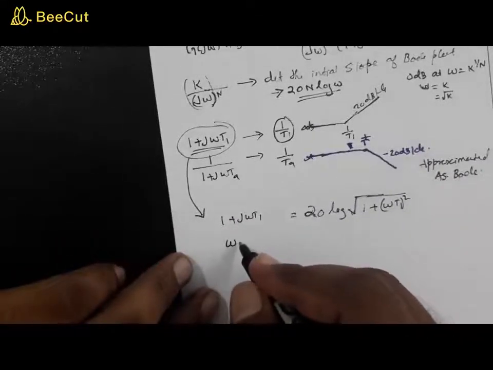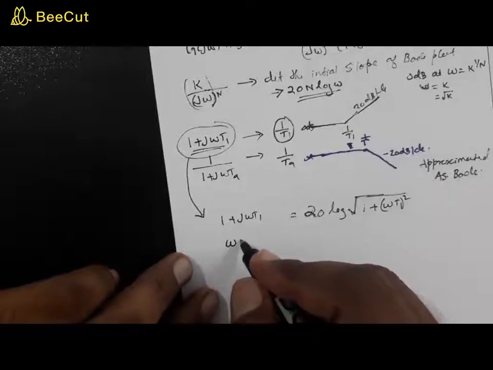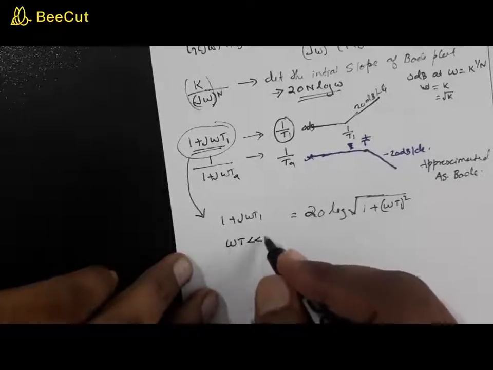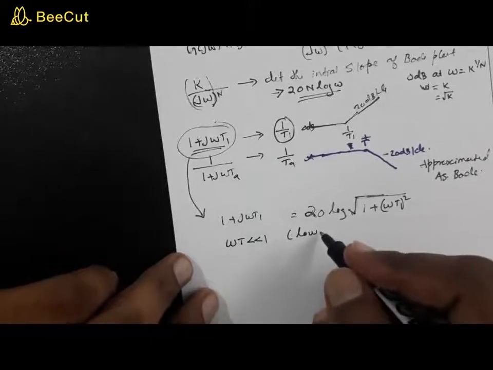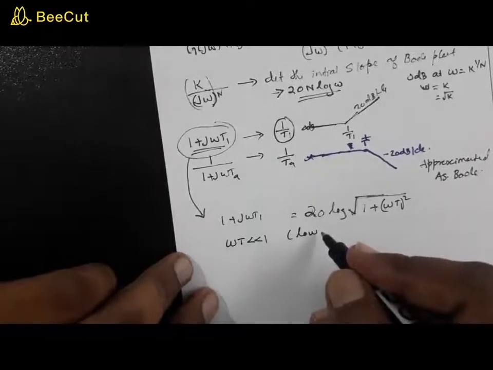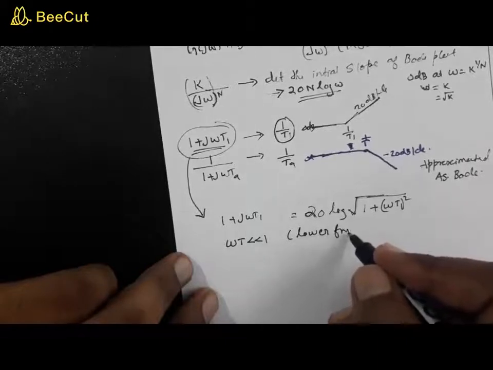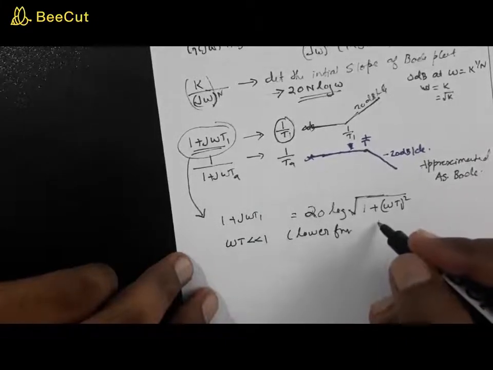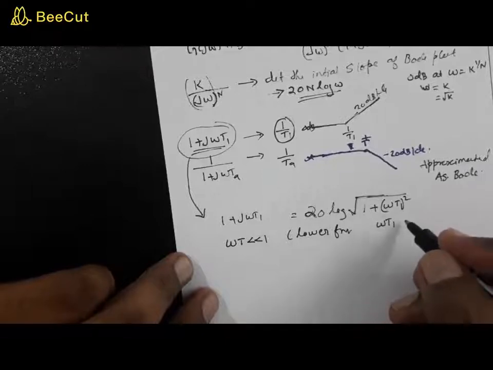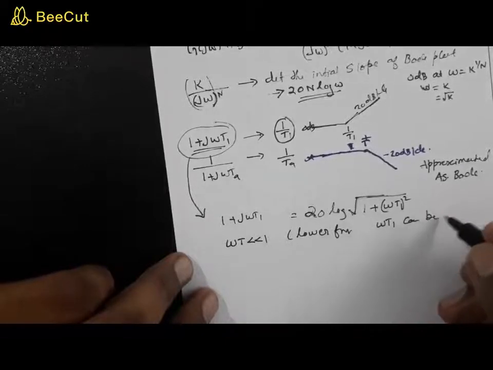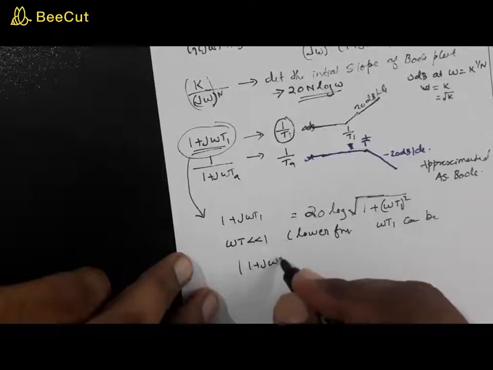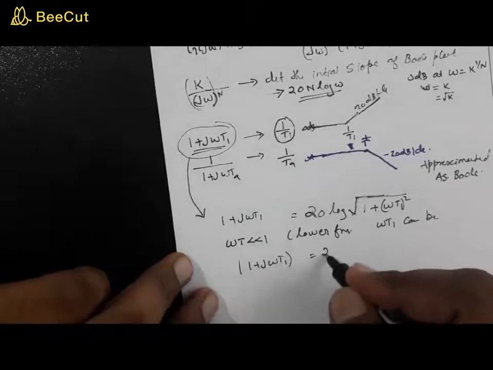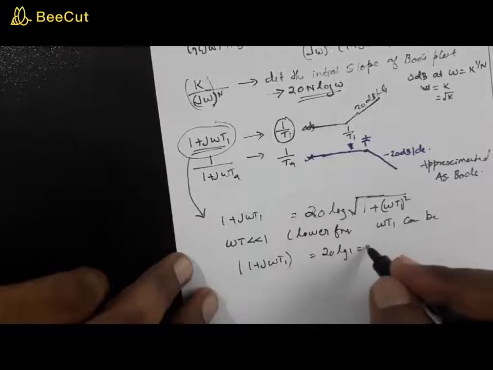When omega T1 is much less than 1, that is for lower frequencies, when omega is low, omega T1 will also be a lower quantity. So at lower frequencies you can ignore omega T1, and the magnitude of 1 plus j omega T1 becomes 20 log 1, which is equal to 0 dB.